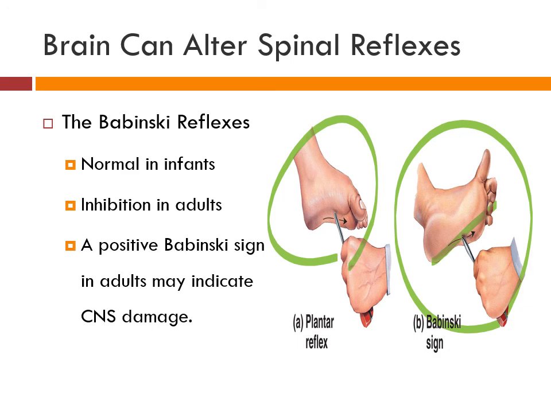If you have an adult who's had an injury to their central nervous system, so a brain injury or a spinal cord injury that could be above the level of the legs, so that could basically be any spinal cord injury, they are going to exhibit this Babinski sign, which means when you swipe their foot as an adult, they're going to splay out their toes instead of clamping their toes down. So this is another way that we can look at it.